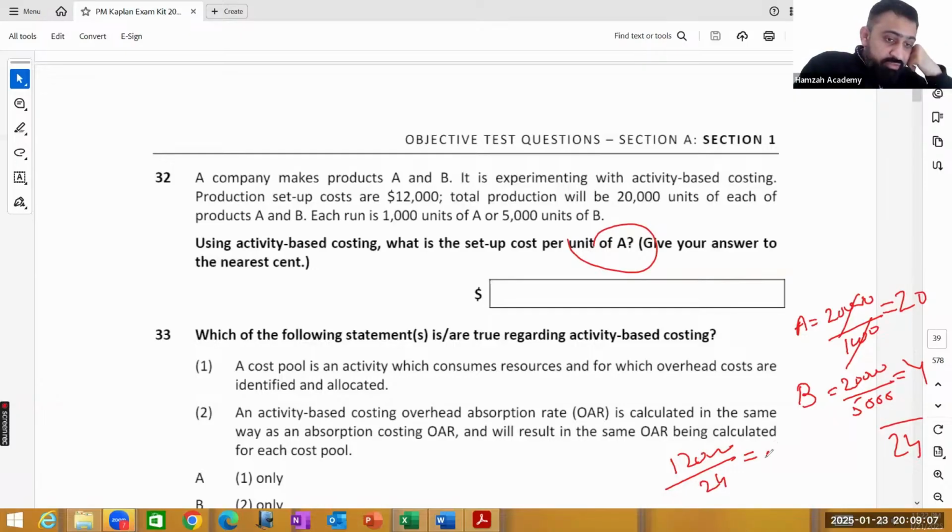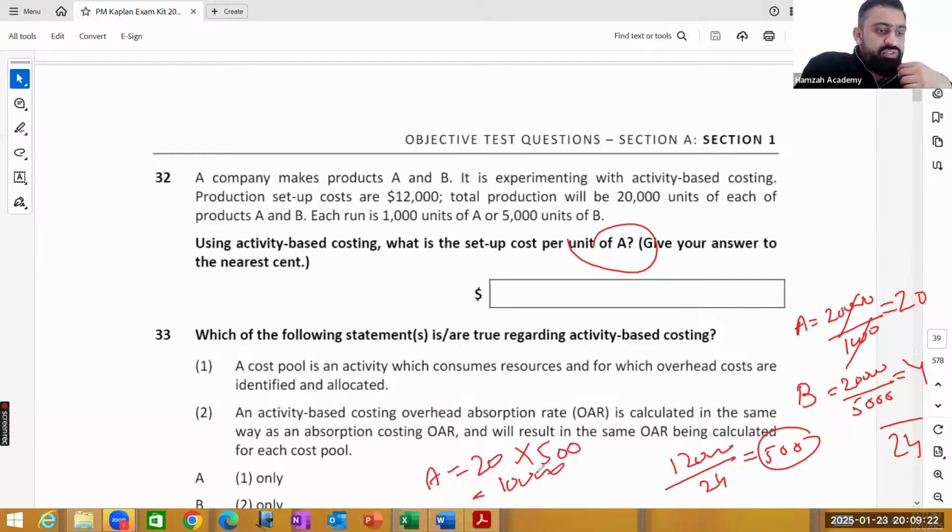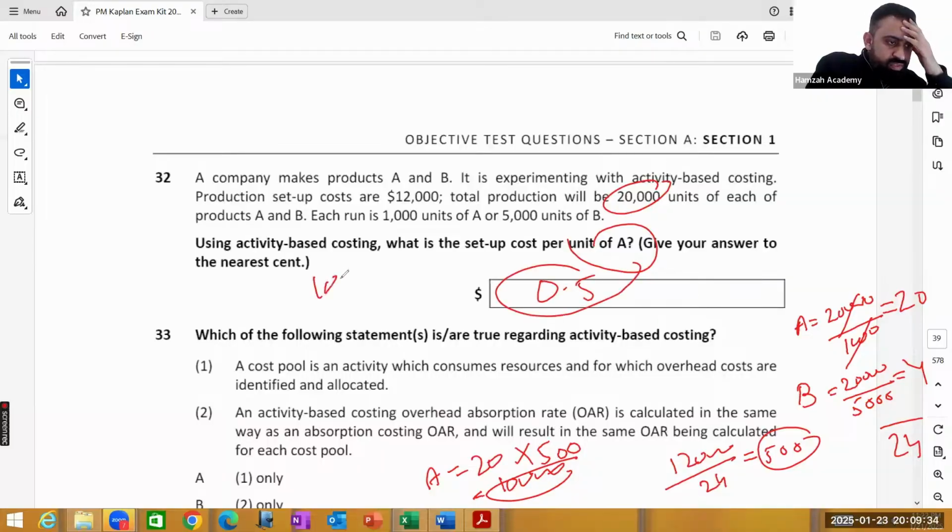You will get $500 per setup. Now A has total 20 runs, 20 into 500 will give you total 10,000 cost, and number of units in A are 20,000. So 10,000 divided by 20,000, 0.5 will be the answer. Got it?